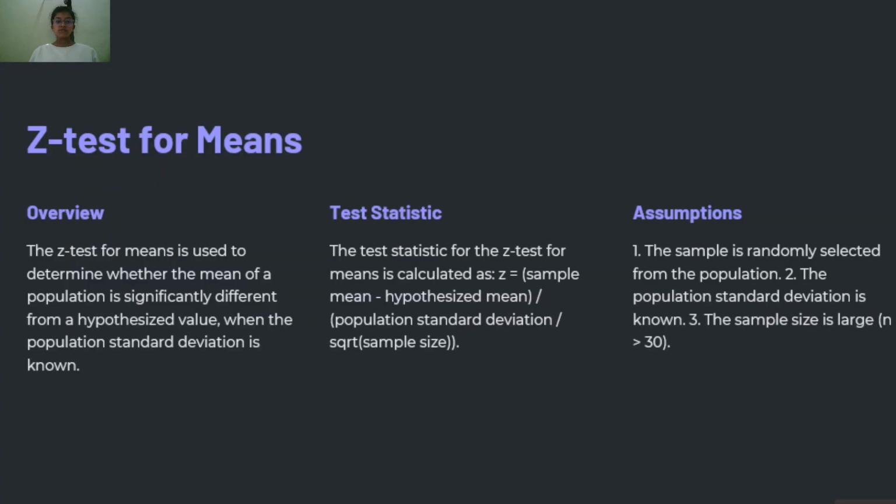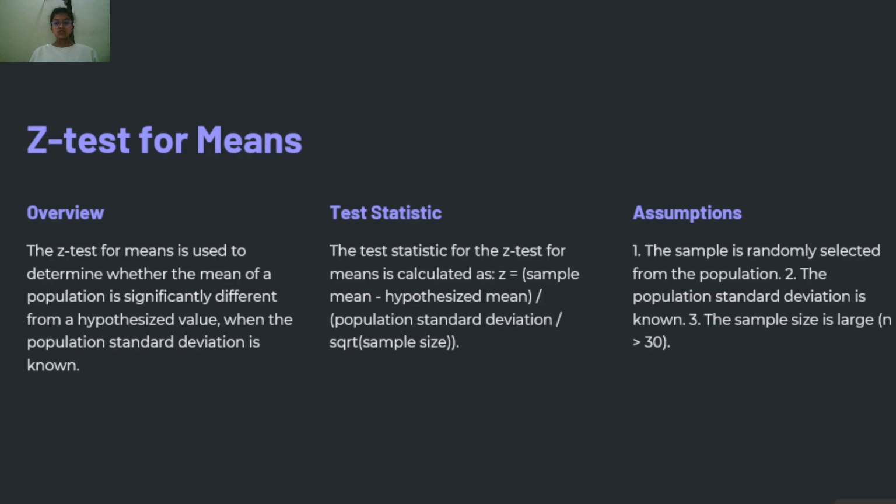Next we have Z test for means. So what is Z test? It is used to determine whether the mean of a population is significantly different from a hypothesized value when the population standard deviation is known. Next we have the test statistic. The test statistic for Z is calculated as Z equals sample mean minus hypothesized mean, divided by population standard deviation divided by square root of sample size.